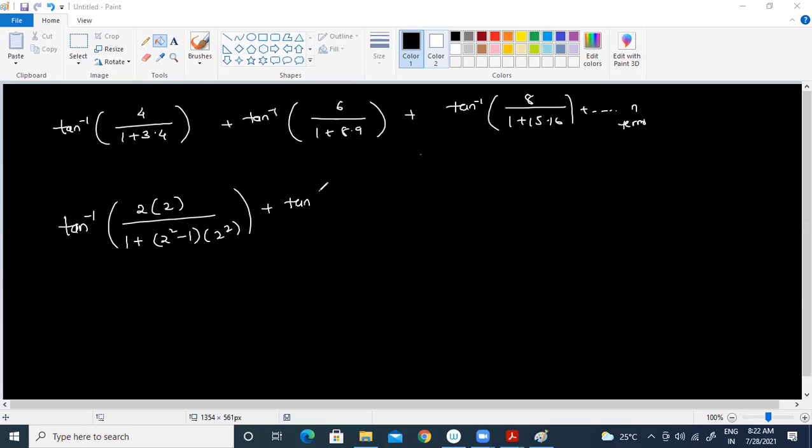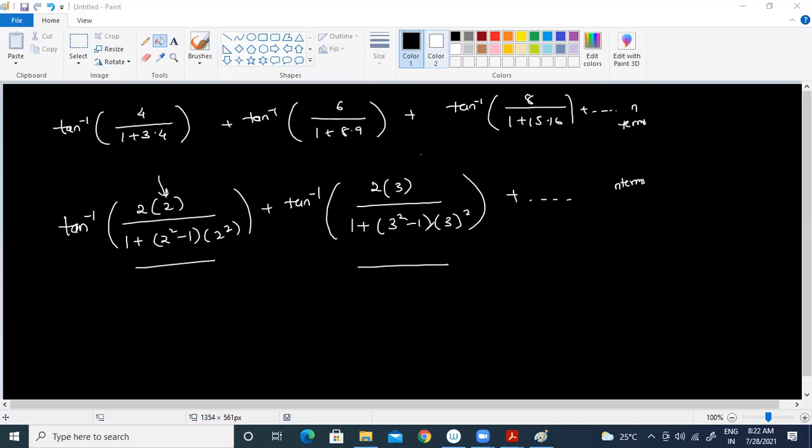In the same way, 6 is nothing but twice of 3, 8 is 3 square minus 1, and 9 is 3 square. Will this series go on continuing up to n terms? Because in the first term there is 2, in the second term there is 3. So in the nth term there is going to be n minus 1.